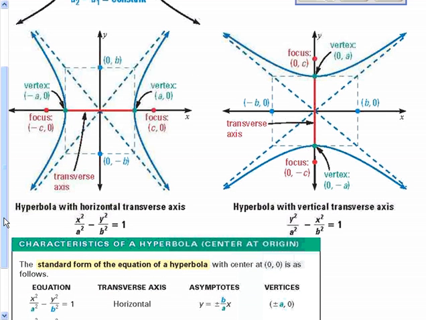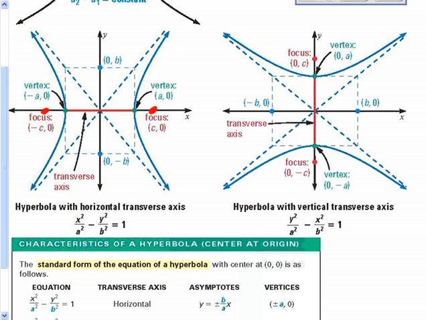Now this first one, we're going to place the center of these hyperbolas today right at your origin, okay? So if you put your foci here on the horizontal axis, c distance away from the center, you see it in red here, here's your focus, here's your focus.